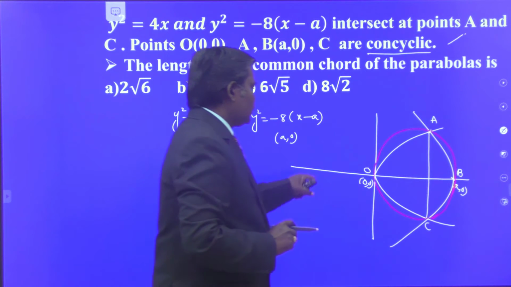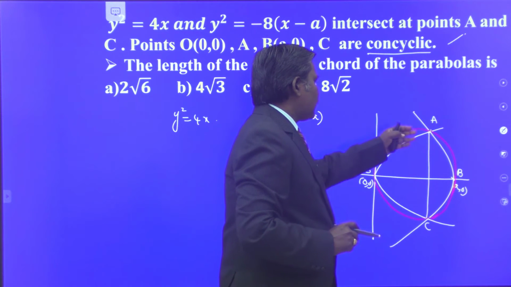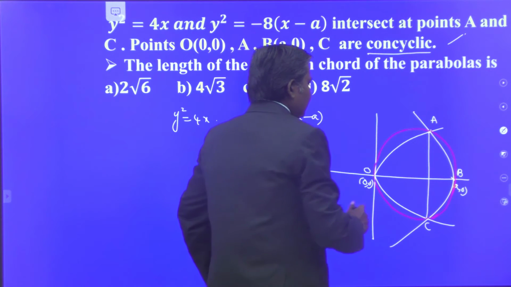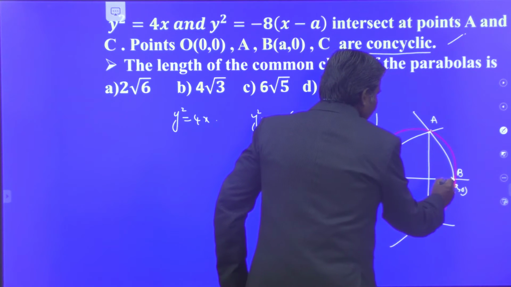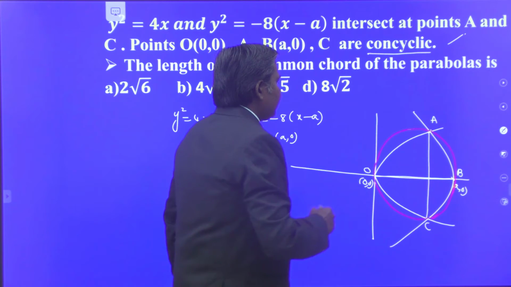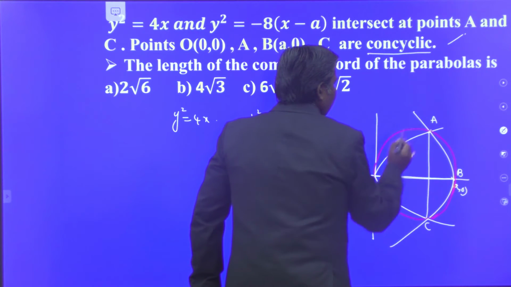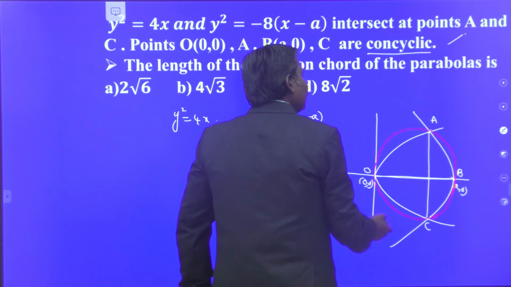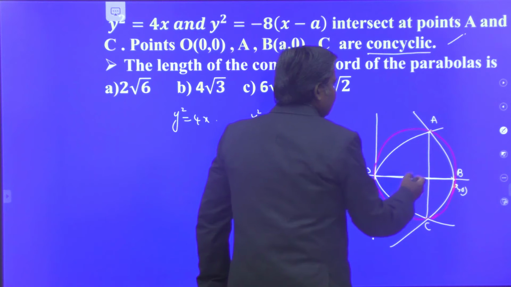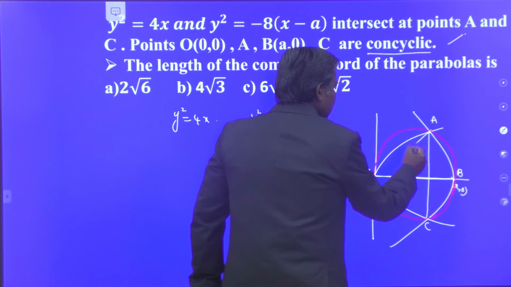My dears, this is the x-axis. Both parabolas are symmetric about this axis. Immediately, this becomes the diameter of your circle. Am I correct? So when it is the diameter of the circle, this is a point on the circumference of the circle. Therefore, what is the angle in a semicircle? 90 degrees.